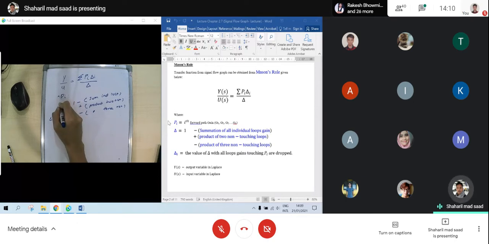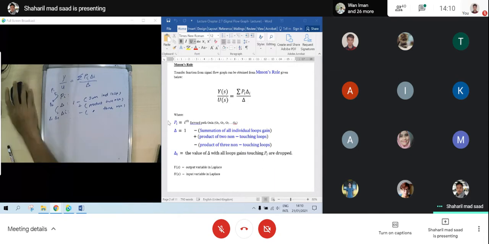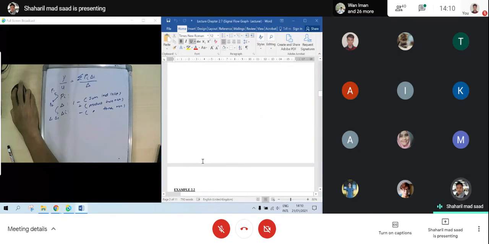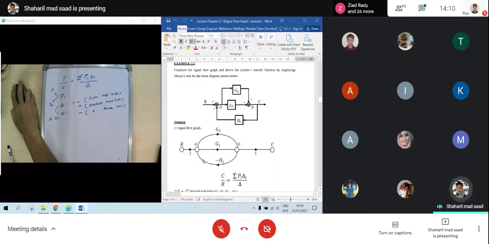If you have P1 and also P2, then you will also have delta 1 and delta 2. And you can go through a basic example of this.